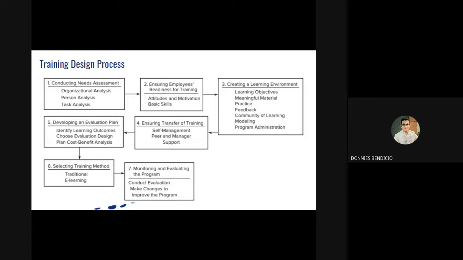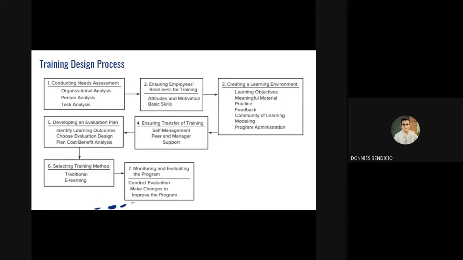But I think some of the companies are giving sanctions to those individuals who have not finished their training. So let's say, for example, in a call center company, if you did not finish your training, I think there are some penalties that will be given to you. Okay, or after the training and then you did not go to employment proper, then there are some sanctions, I think, with that.